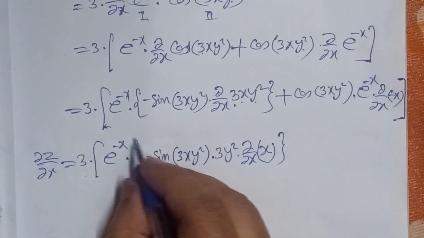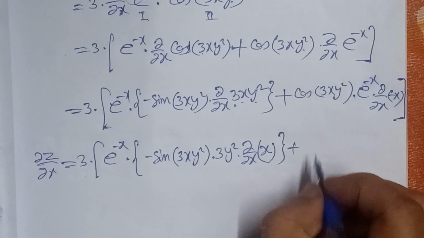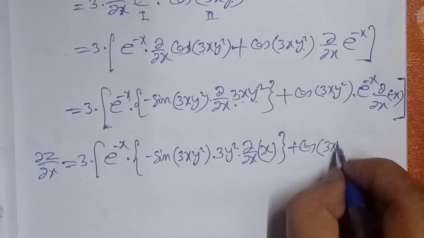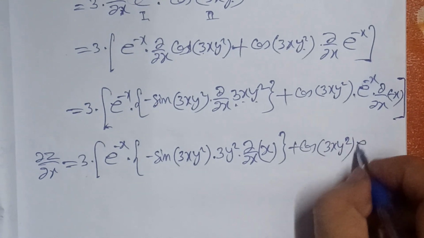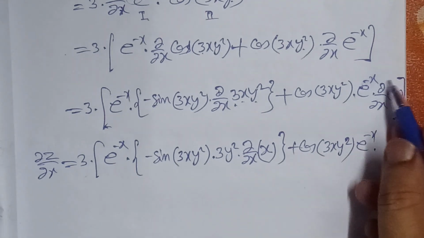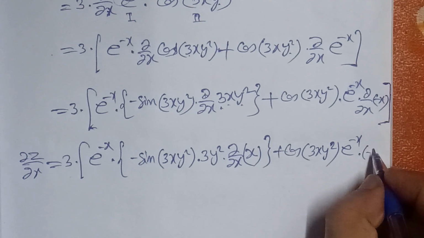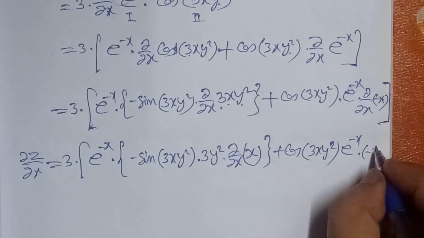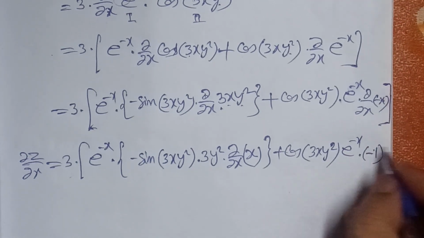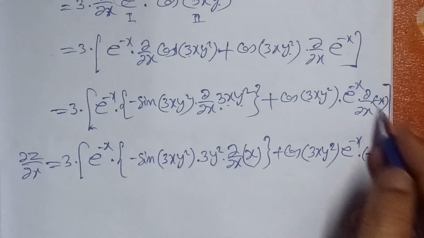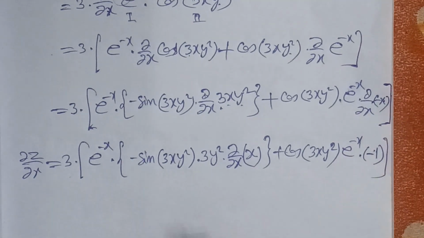Close this curly bracket, plus cos(3xy²) e^(-x), and on differentiation take minus 1 outside, and differentiation of x is also 1, so only write minus 1 here. Differentiation of -x is equal to -1.